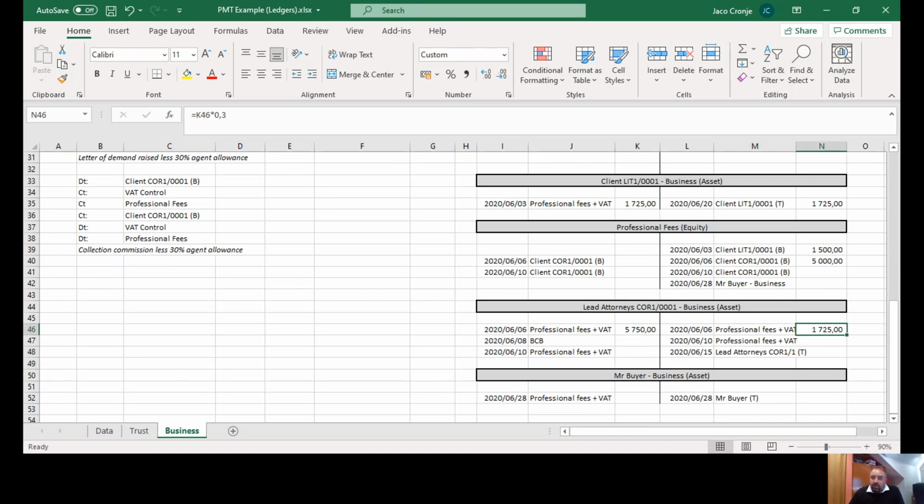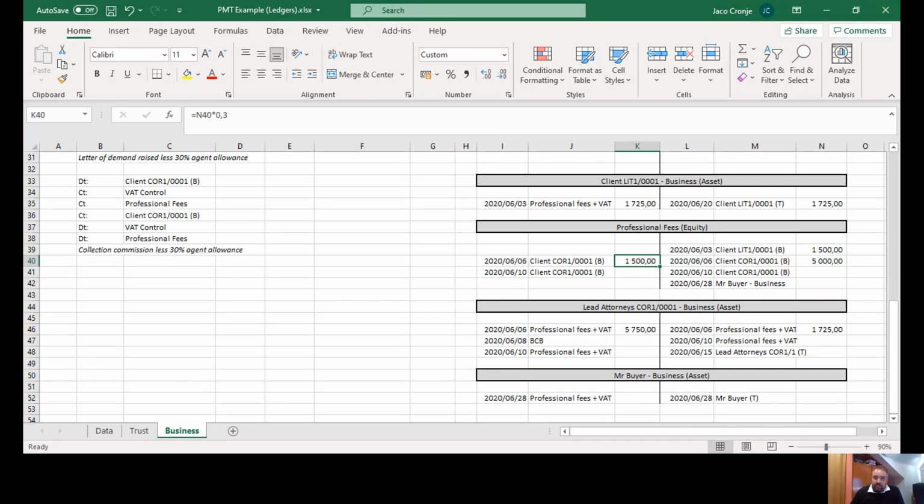Right, so now the whole thing literally just goes into reverse. If you owe me that much less, it means the value of my fee is not 5,000 Rand. It is 5,000 Rand less 30%.